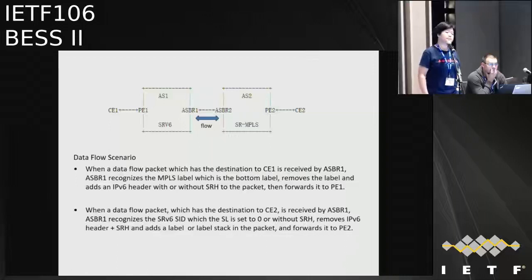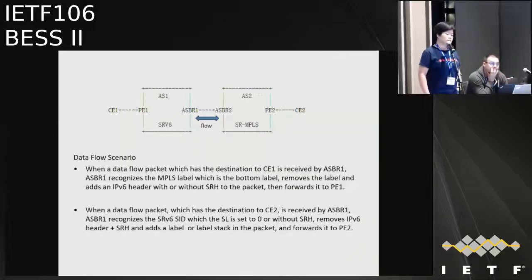Hi, Ketan Talaulikar, Cisco. There is a draft, Agarwal Spring SRMPLS and SRv6 interworking, which you reference in your document as well. That covers not just the interworking between SRMPLS and SRv6, but also across islands in a different format. Could you clarify what's new being added or specified here?